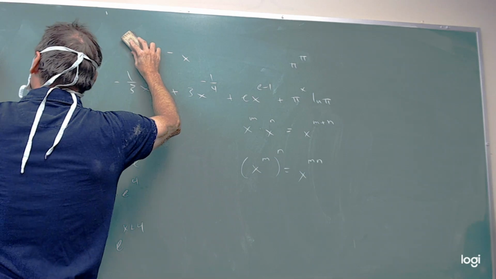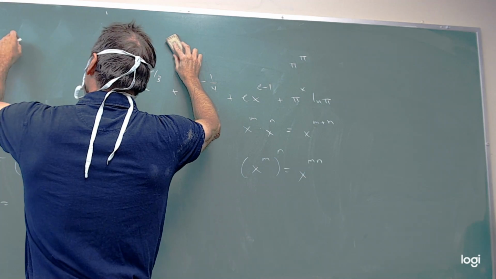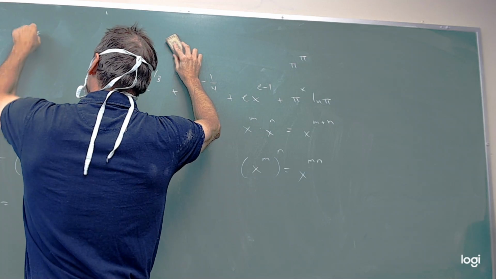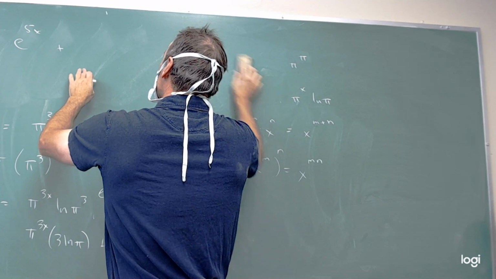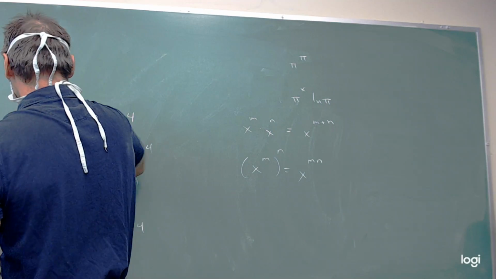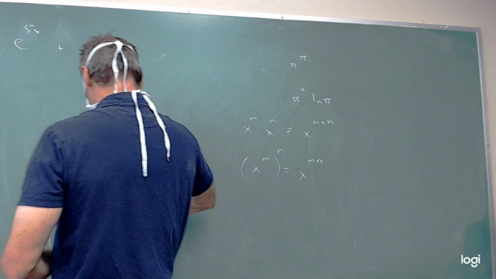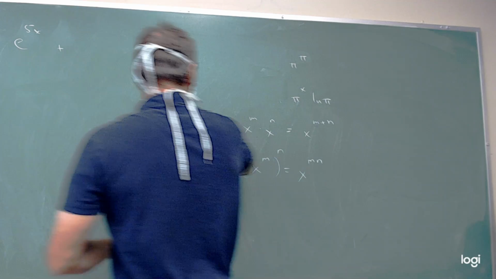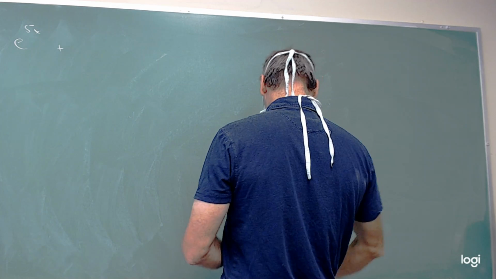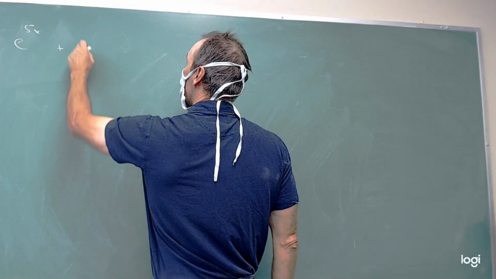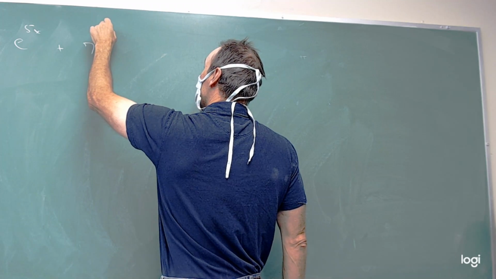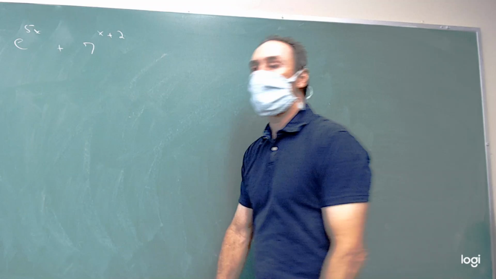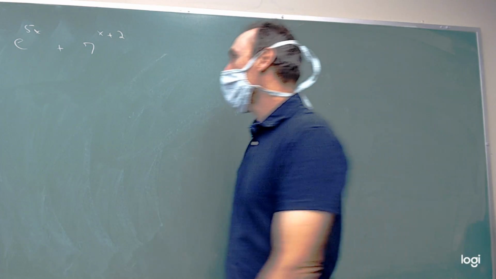So h of x is going to be e to the 5x plus, what other kind of crazy constant are there out there? 7 to the x plus 2 power. Okay, and we're going to find h prime.